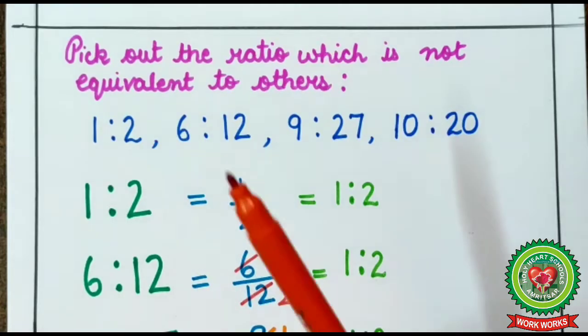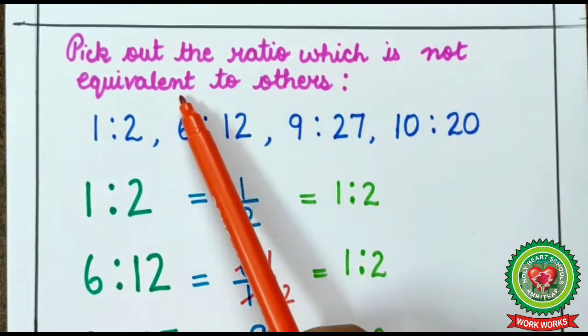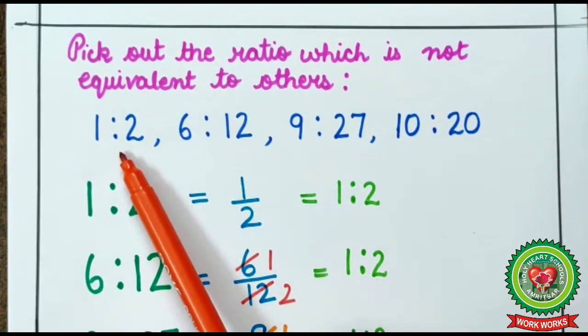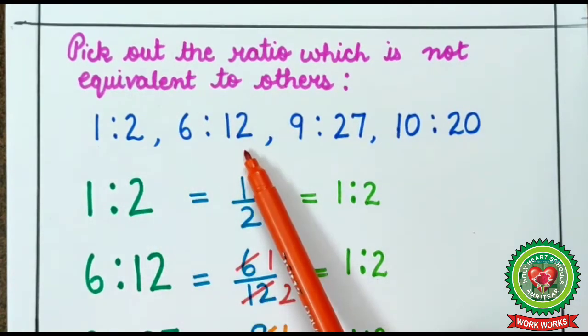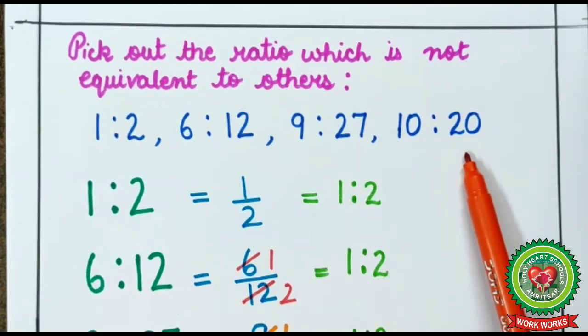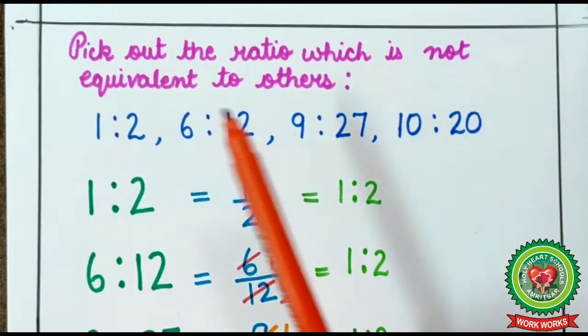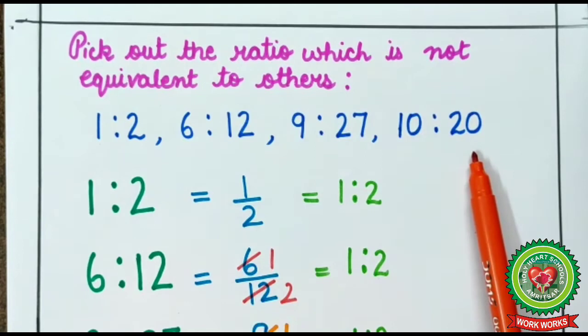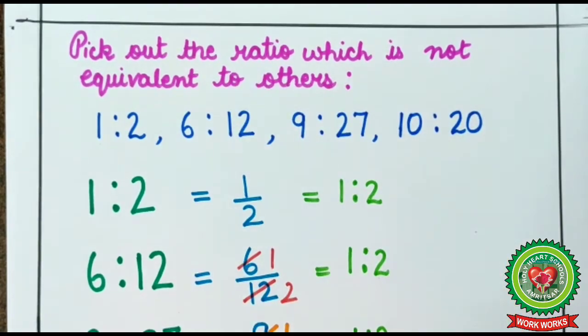Here, pick out the ratio which is not equivalent to others. Now statement is 1:2, 6:12, 9:27, 10:20. Now here as you can see 4 ratios are given and you have to check that which ratio is not an equivalent ratio.